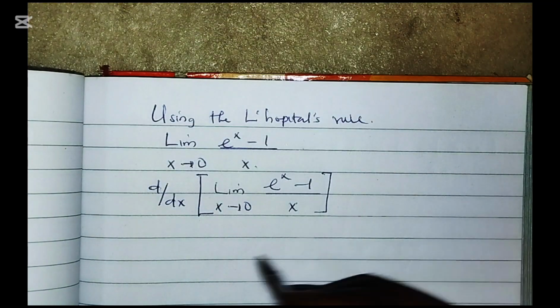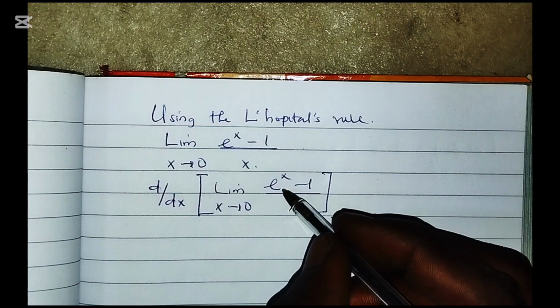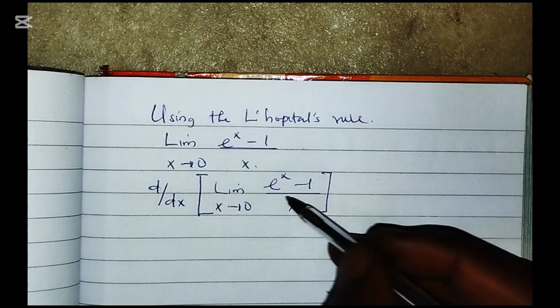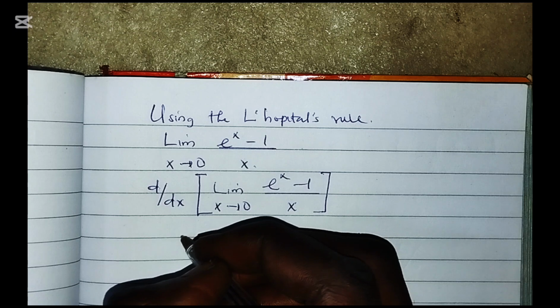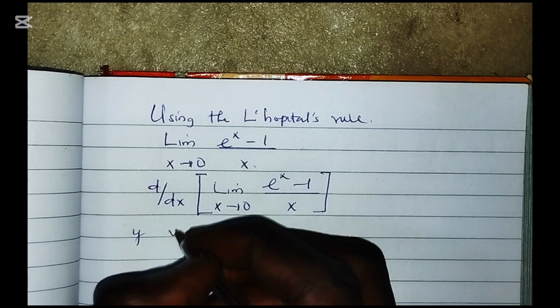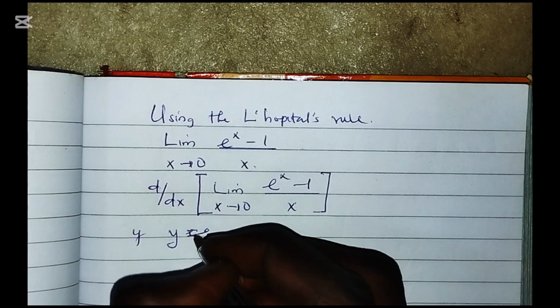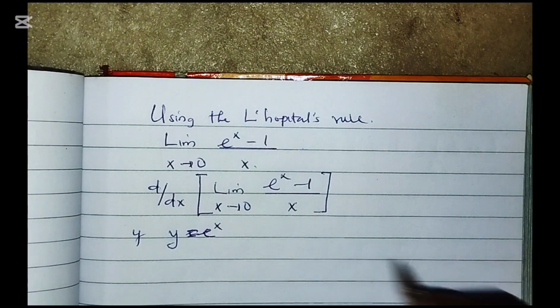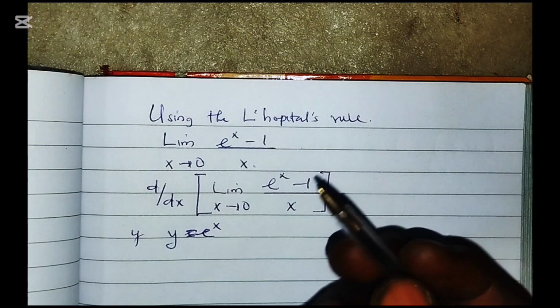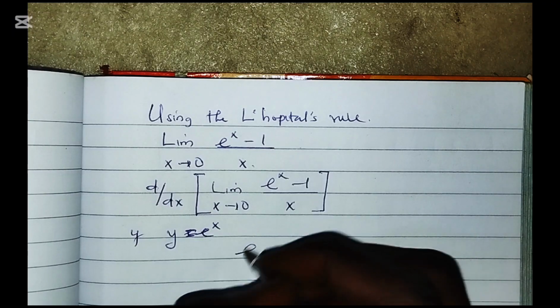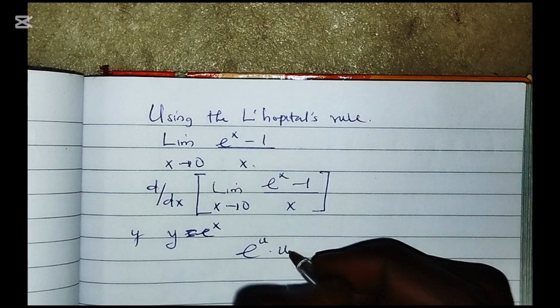How do we differentiate e to the x? If y is equal to e to the x, the formula you have to use is e to the u times u prime.